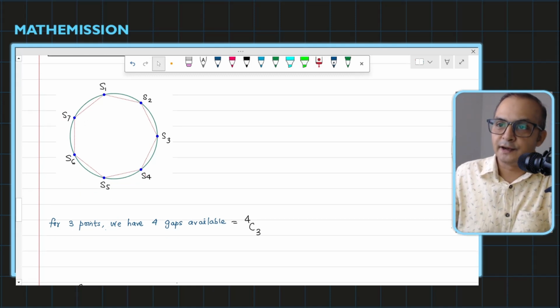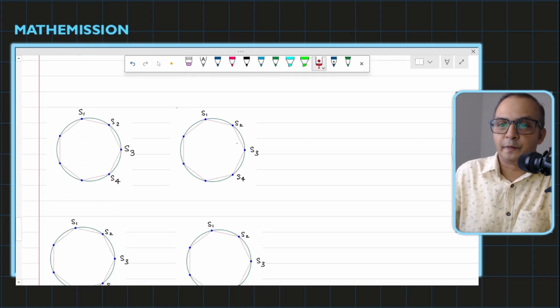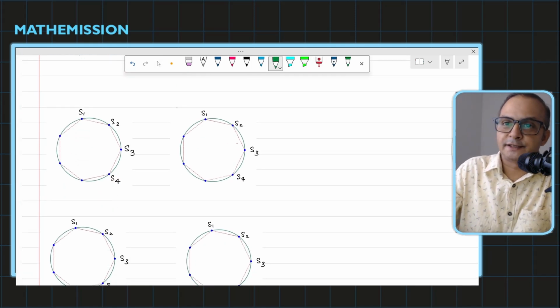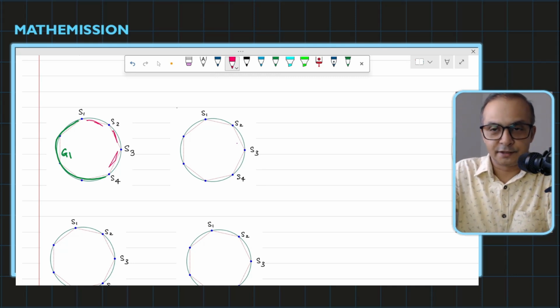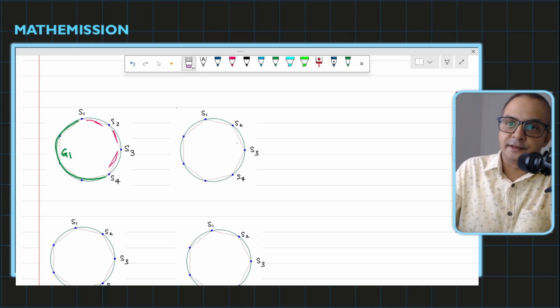What do you want to convey? Let's see here. Let's say this is one gap I have from here to here. So let's call it gap 1, and this is gap 2, gap 3 and gap 4, because I want the stoppages I have chosen to be placed in those.